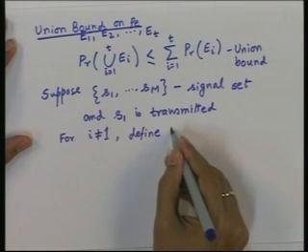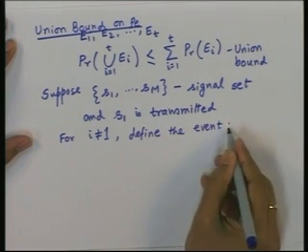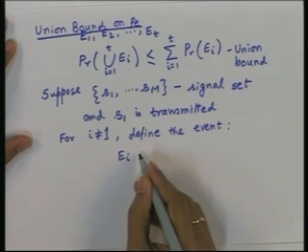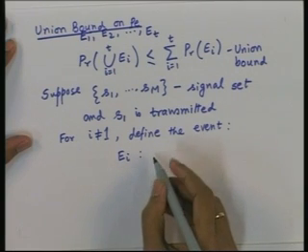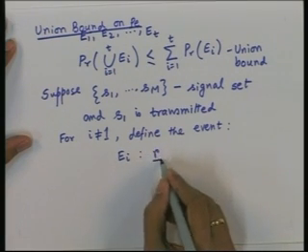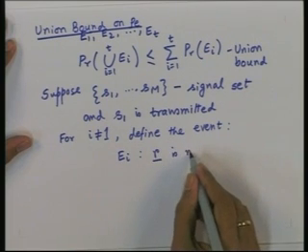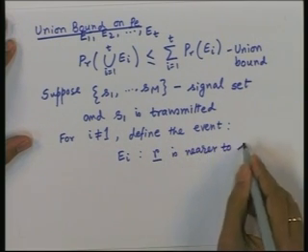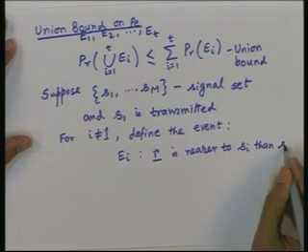Define the event Ei to be the event that the received vector R is nearer to Si than S1.